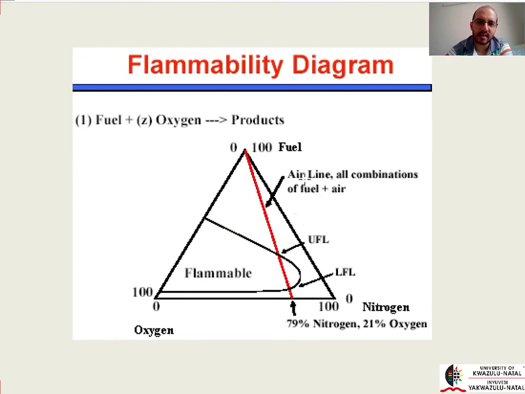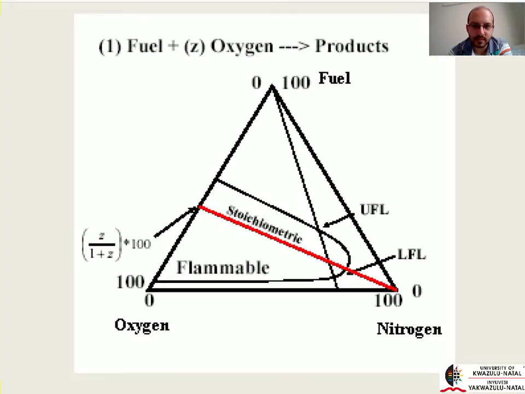Okay, your air line represents all combinations of your fuel plus the air. Now your stoichiometry, remember that your fuel plus oxygen will give you products. Most of those products are CO2, H2O, but we're not really interested in that.